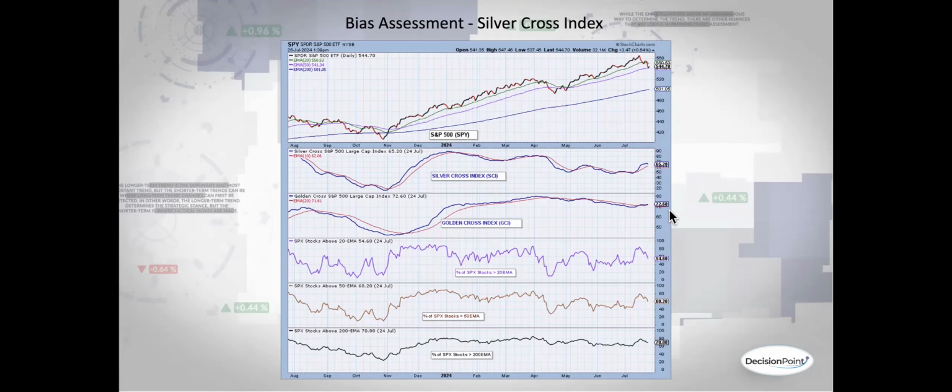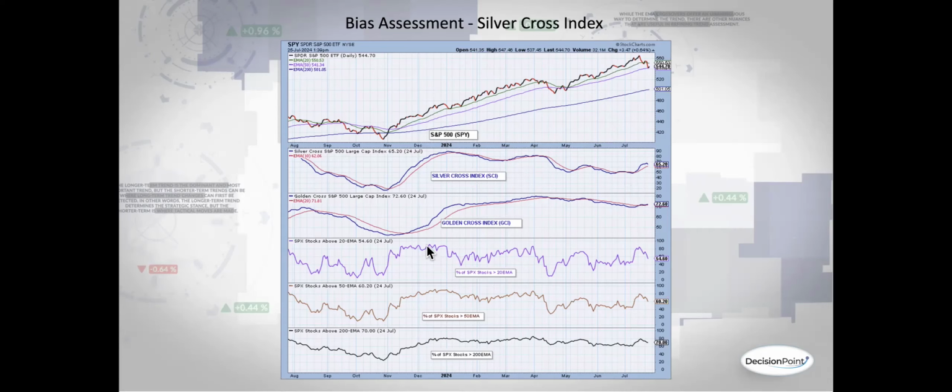The Golden Cross Index, again, measures how many stocks have a 50-day EMA above the 200-day EMA. And right now, that is reading at about 73%. It is still rising, but you can see really it had flattened out during this bull market phase. So it's still at a pretty good level.